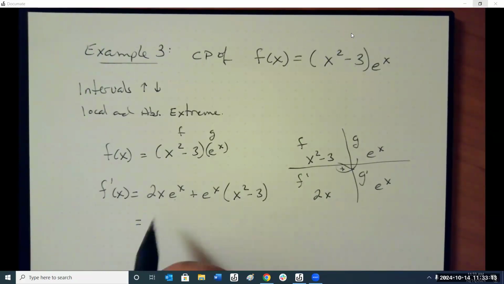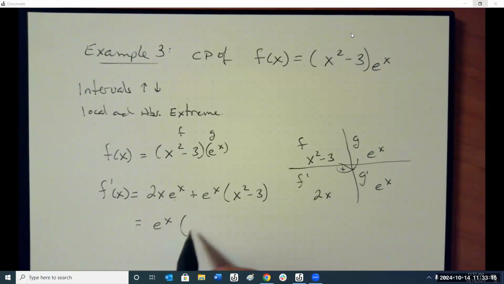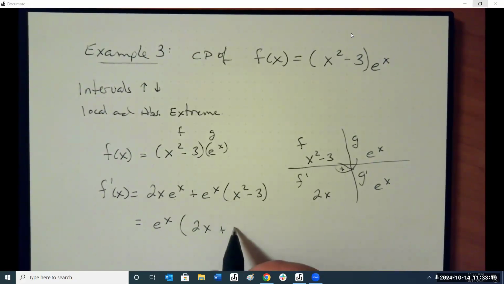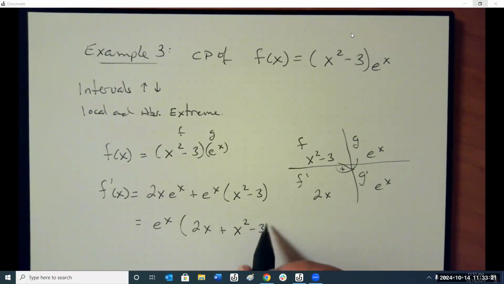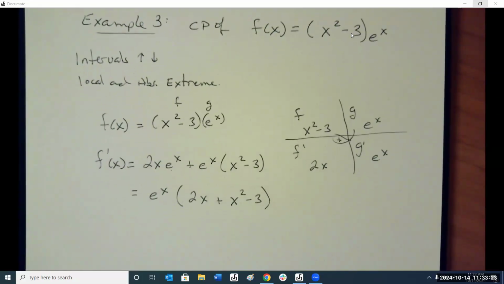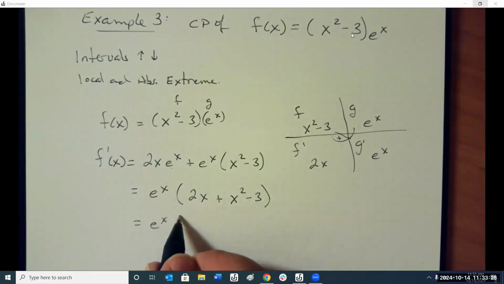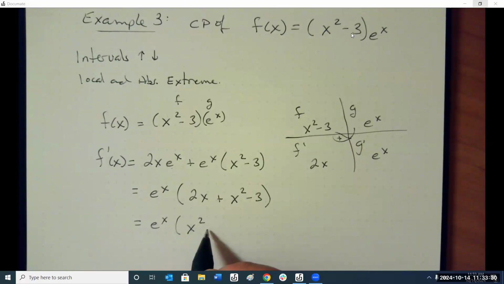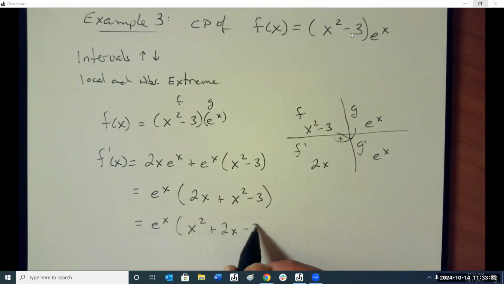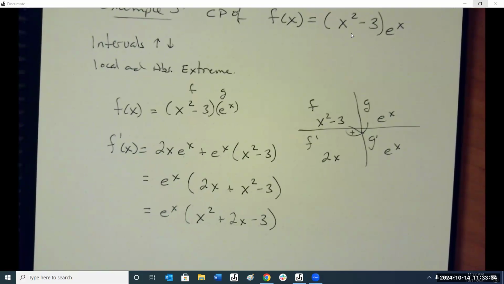They both have e to the x, so I'm going to take that out. We have 2x plus, drop the parentheses, x squared minus 3. Rewrite that in decreasing order: x squared plus 2x minus 3.